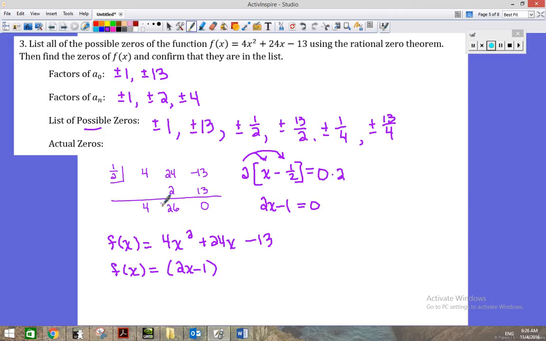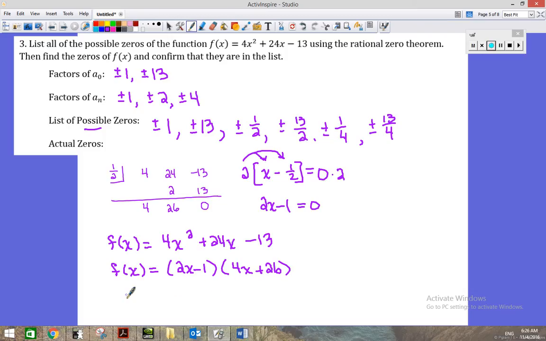And now from my synthetic division, I'm a little bit surprised. Maybe I've done something wrong. I should pause the video. This 4x plus 26 are both even numbers. There's a common factor here, but there wasn't a greatest common factor in my original. Oh, because I multiplied it by 2 right there. Okay, never mind.